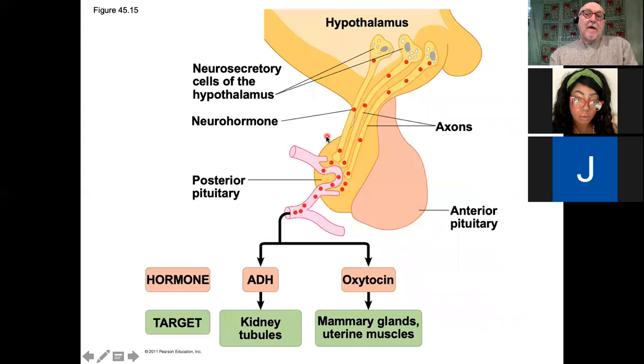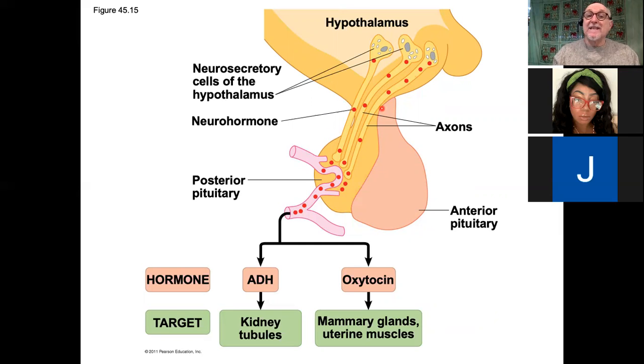So the way in which the hypothalamus interacts with the pituitary differs for anterior and posterior pituitary. And the hormones which result from that interaction are also different. So that's what I meant when I said that the pituitary is really like two glandular systems that are sandwiched together, even though it's anatomically called one thing.